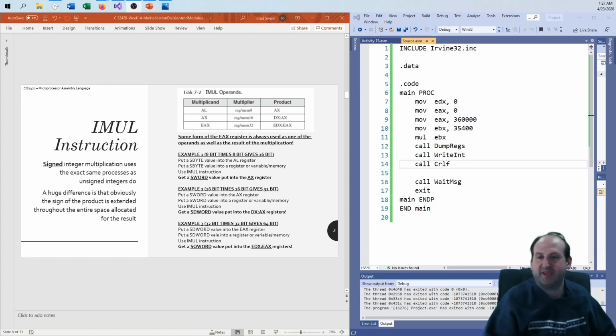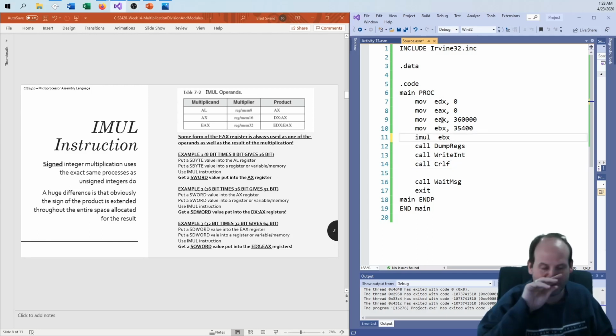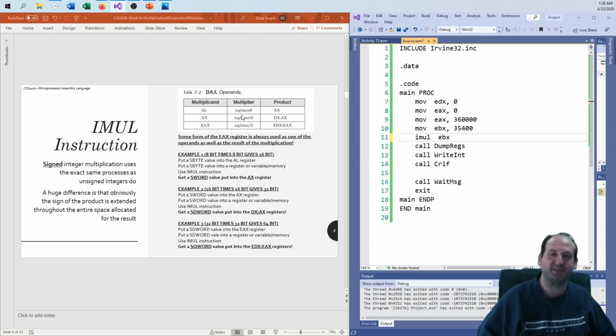So now we have a second operation called imul, which is the exact same operation as mul, except now we're doing this to include signed mathematics. So like everything else, I just throw an I in front of all this and everybody's happy. You notice this slide is exactly the same as the other slides. The only huge difference, of course, is that because I'm dealing with signed numbers, if I'm multiplying positive by positive, I should get a positive result.